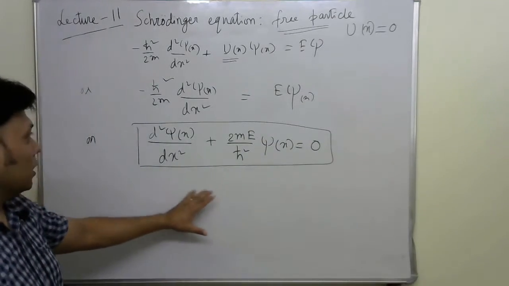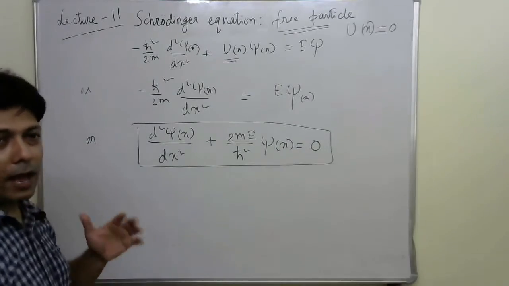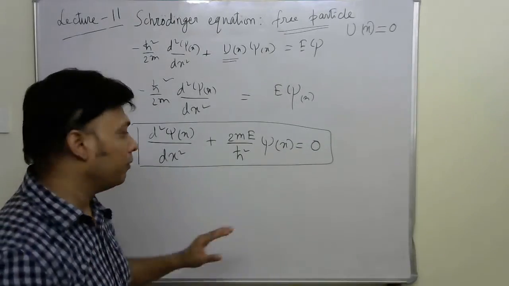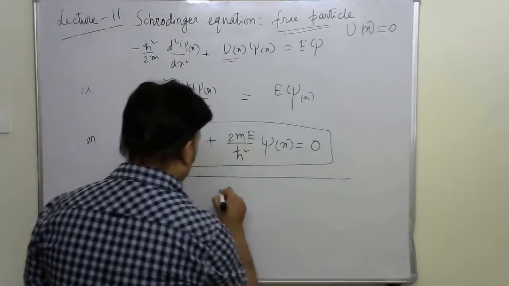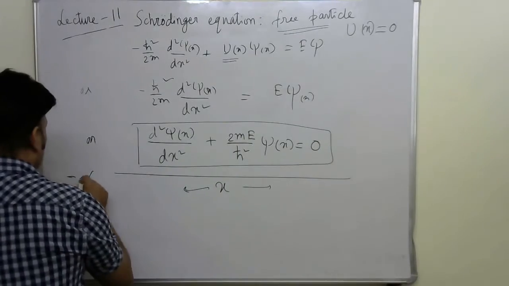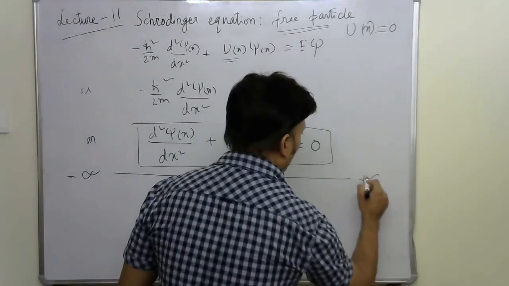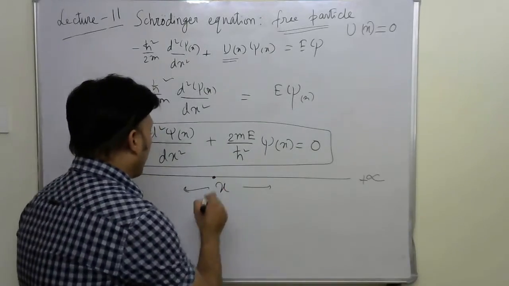This now becomes a perfect equation for a particle moving in one dimension, and the particle is completely free. This is the x direction, so this is towards negative infinity and this is towards positive infinity. Now the particle can move anywhere.